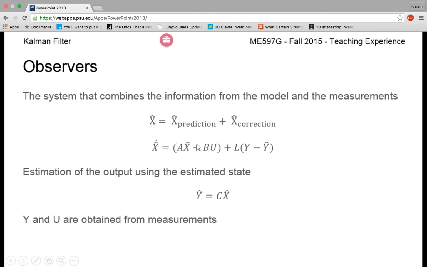Now coming back to the observers, our estimate at the next point in time, or we can even talk about it in terms of the time derivative, which influences its value at the next point in time.